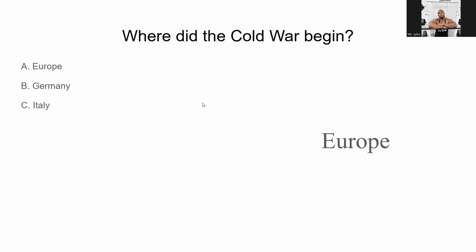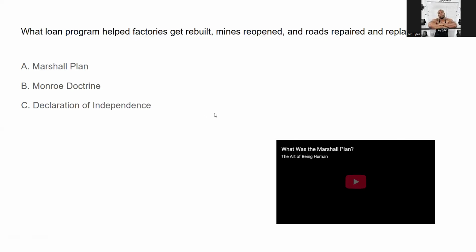Is Italy in Europe? Yes. But I'm talking about overall Europe. If you look at the question choices, one is a continent, the other are two specific countries. Again, we go by our textbook. What does our textbook tell us? It began in Europe.